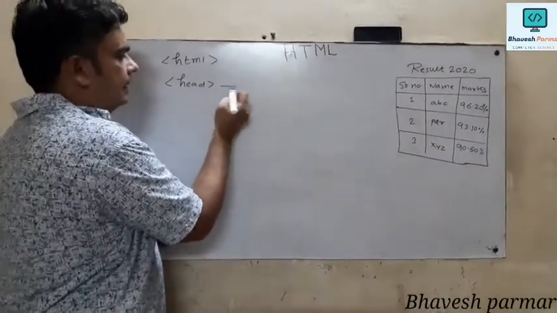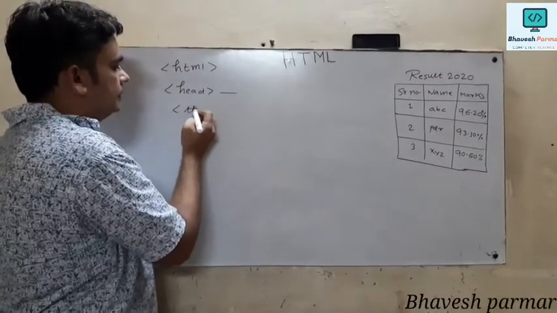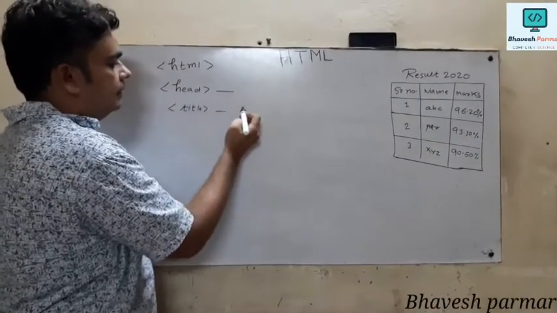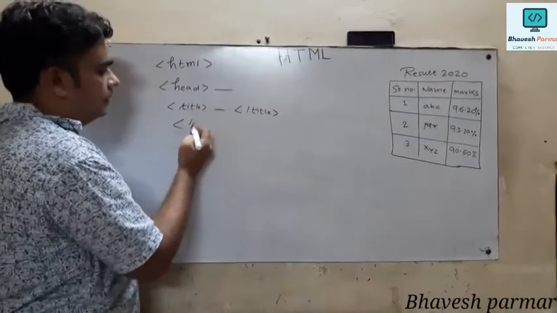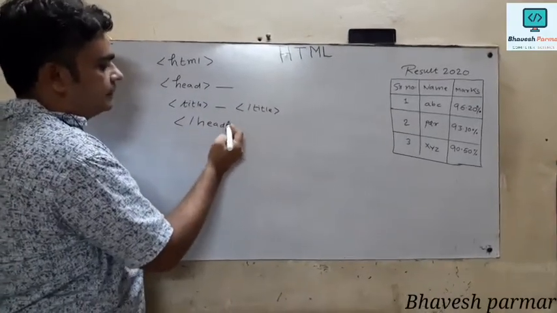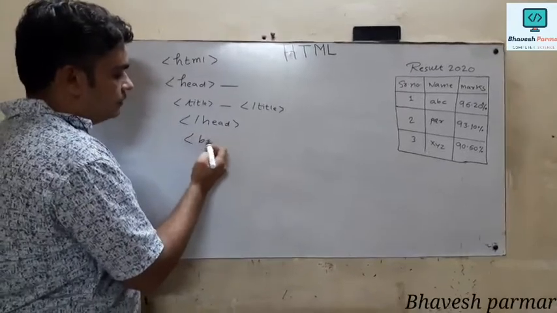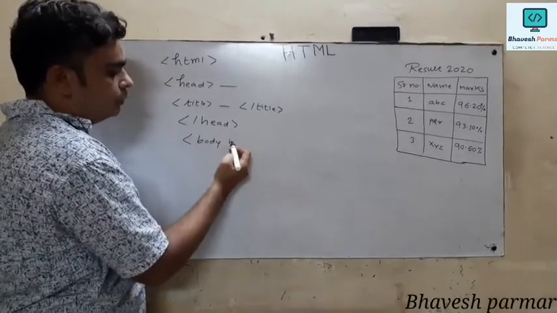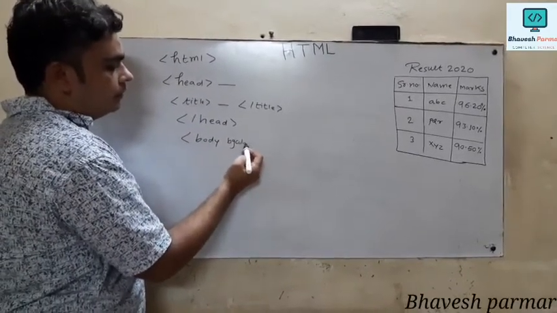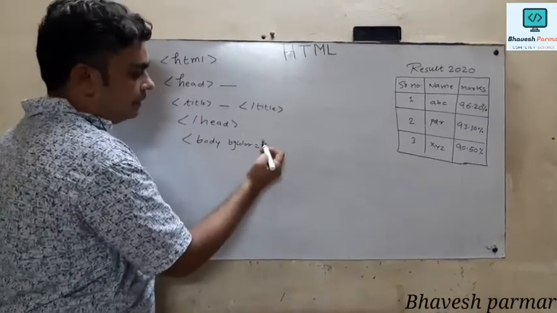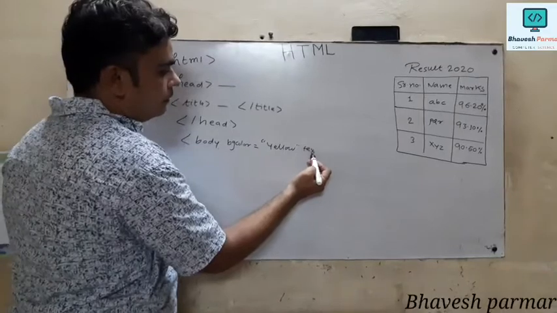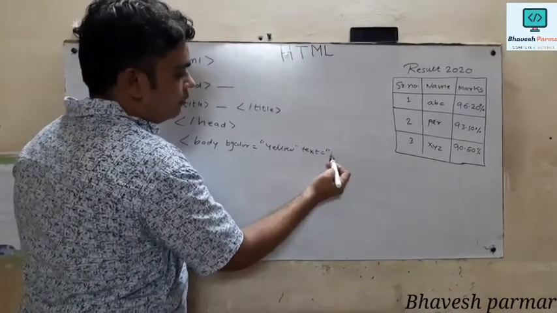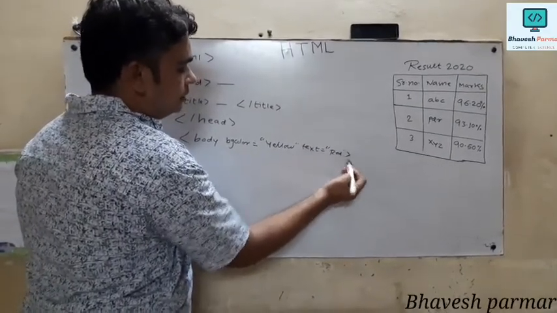If I am not giving a heading, then title, slash title. Thereafter my next tag is slash head, then I am using the body tag. Suppose I wish to use BG color, then I use body BG color. Suppose I am using yellow, text is equal to red.